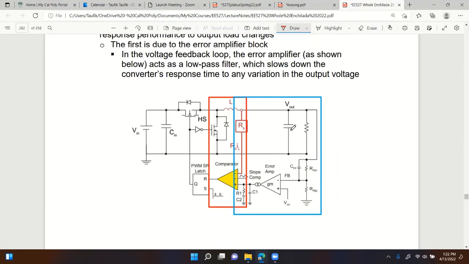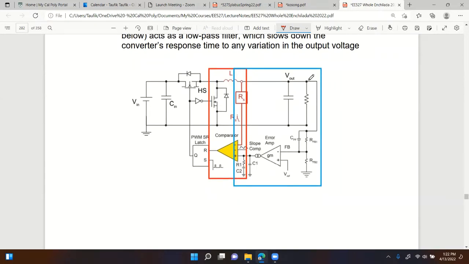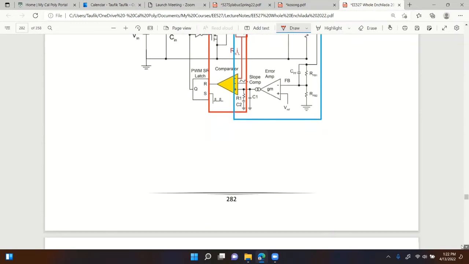You can see there's an L and a C, which slows down the converter's response to any variation in the output voltage. So the output voltage is sensed right away, but then there is kind of a delay because of the LC filter response.